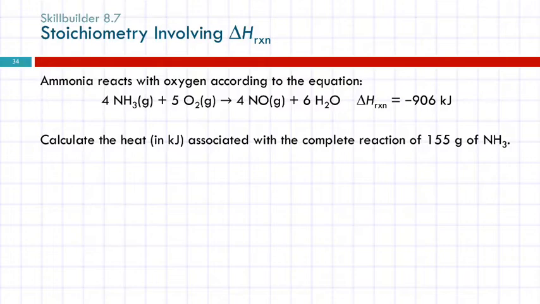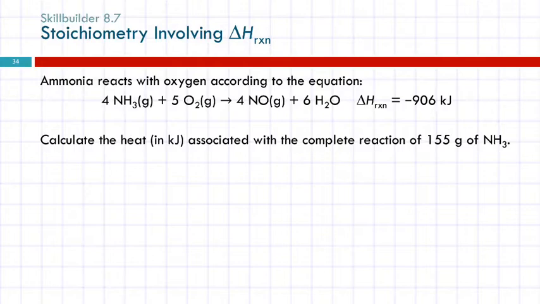So we're going to approach these problems as stoichiometry problems. And I'm going to approach them the same way I do any stoichiometry problem. You read through the whole question first, and then go through the question and look for any numbers that are given. Those are typically important. So 155 grams of ammonia. I'm going to use the balanced chemical equation to help me organize the information.